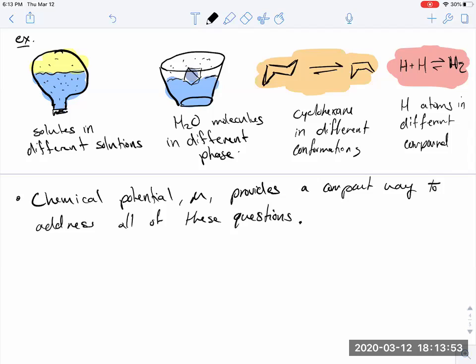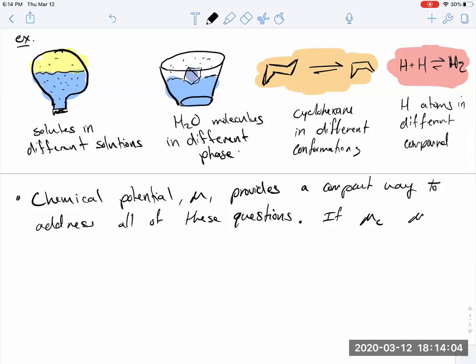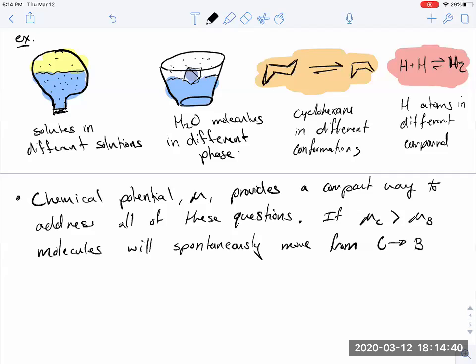We've demonstrated a few classes ago that if, for example, one group of states, call it C, had a chemical potential, call it mu C, and another state, call it state B, had a chemical potential mu B, and if mu C was greater than mu B, the chemical potential for the C state larger than the chemical potential for the B state, molecules will spontaneously move from C to B. The direction of spontaneous change is from high chemical potential to low chemical potential.